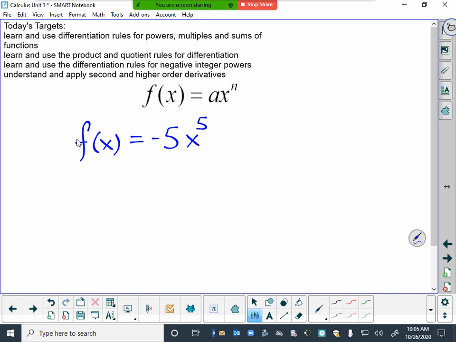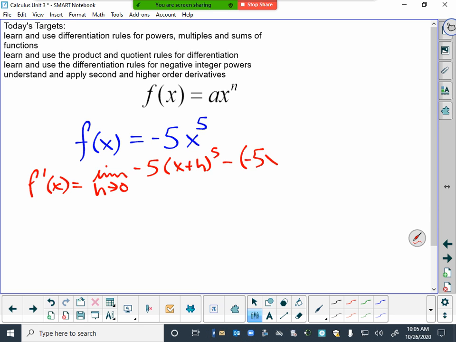If we want to know the derivative, our definition of the derivative said that it would be the limit as h goes to 0 of negative 5 times x plus h to the 5th power minus negative 5x to the 5th power, all over h.